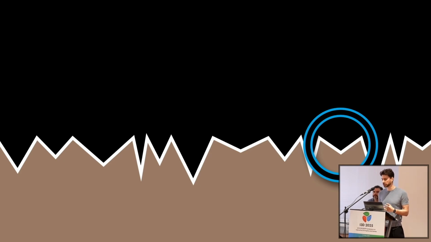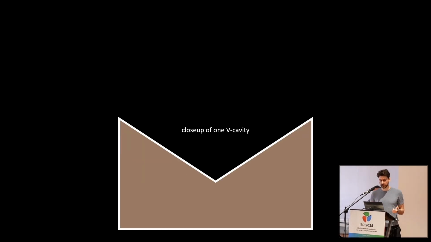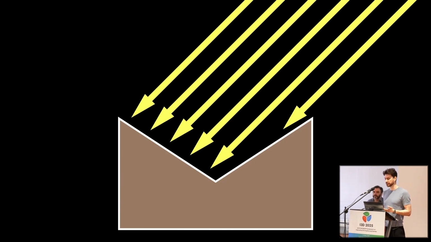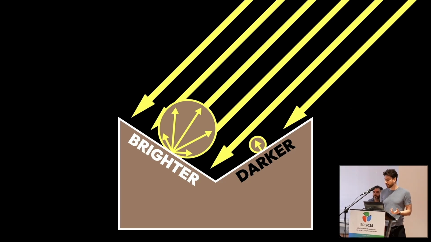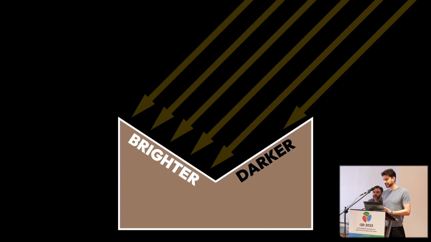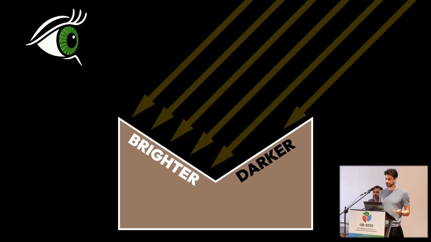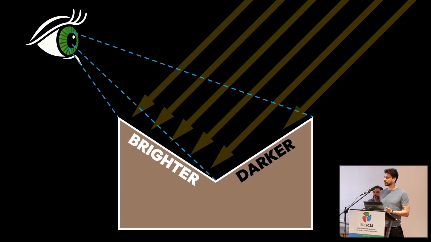And if we take a closer look at one of these little V cavities, we can see what's going on here. So if we shine some light from the right side uniformly over this surface, you can see that more of the light lands on the left side. And that means that more of the light is going to reflect off the left side, and the left side is going to look brighter, right? So what that means is that if we look at this, say from the left side, we're going to see more of the darker microfacets.